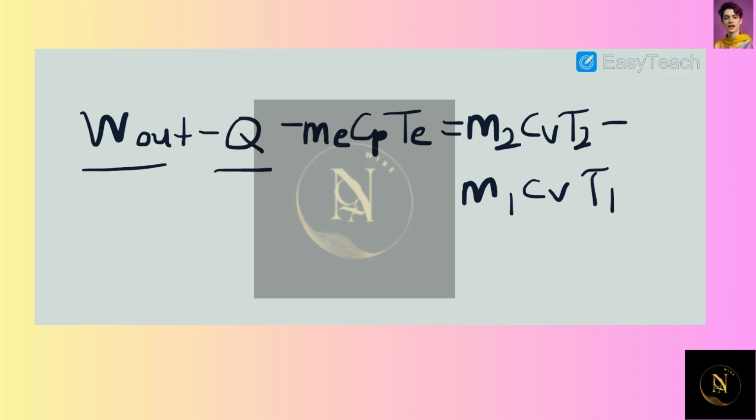Now, W out and Q we have numerical values for. We determined Me and Te in terms of T2, as well as M2. So all we have left is everything in terms of T2. We have one equation, one variable, and solving this equation gives us a final temperature equal to 415 Kelvin.